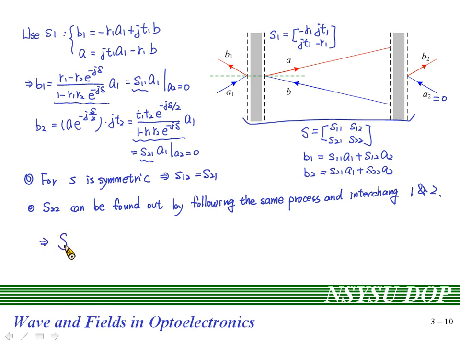Finally, we have the scattering matrix of the whole system of the Fabry-Pérot interferometer written in this way.